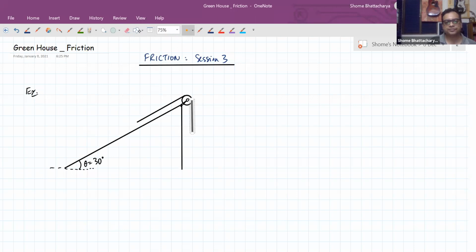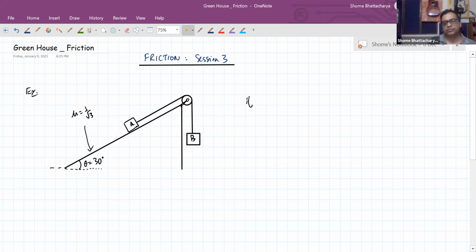A 30-degree incline with two blocks A and B. Now this surface has a coefficient of friction which is 1 by √3 given to us. The coefficient of friction is given to us as 1 by √3 and the angle of inclination is 30 degrees.